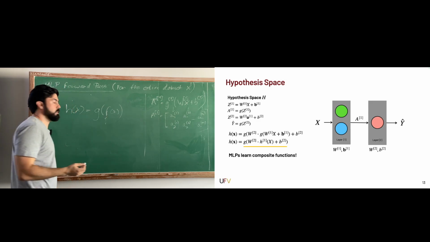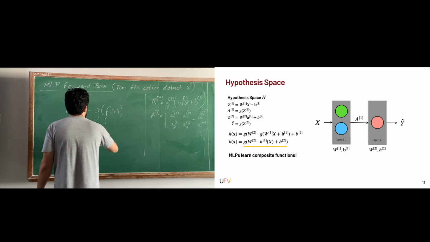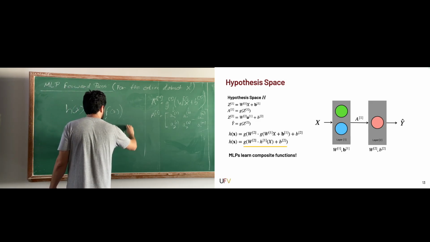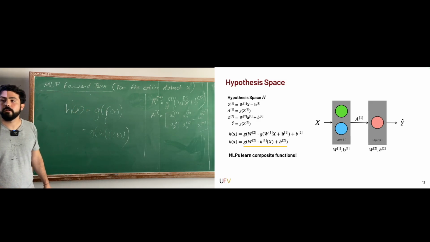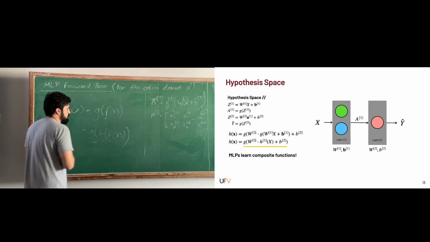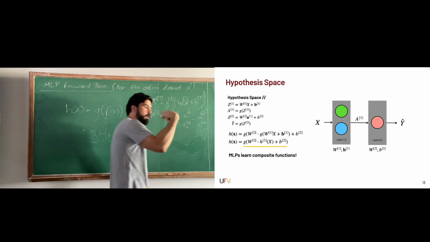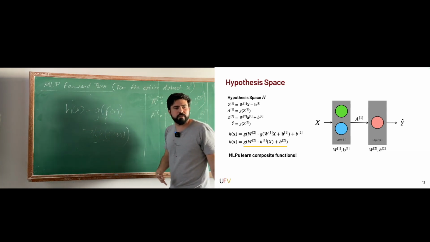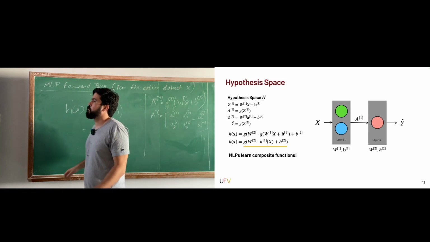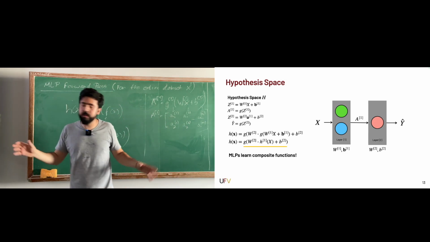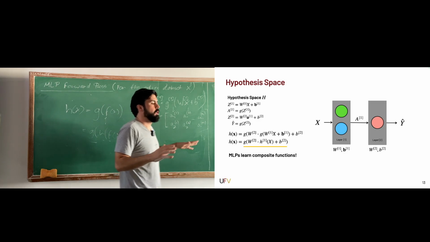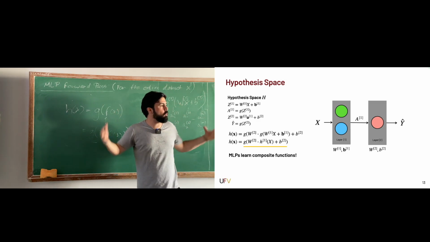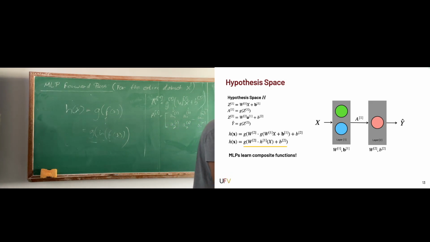If I had 3 layers, I could have g of h of f of x. So each composition here is defined by a layer. So you can put as many layers as you want in a neural network, and you're going to compose as many of these functions as you want. And this hopefully gives an idea of how neural networks can represent a wide range of functions. Okay.